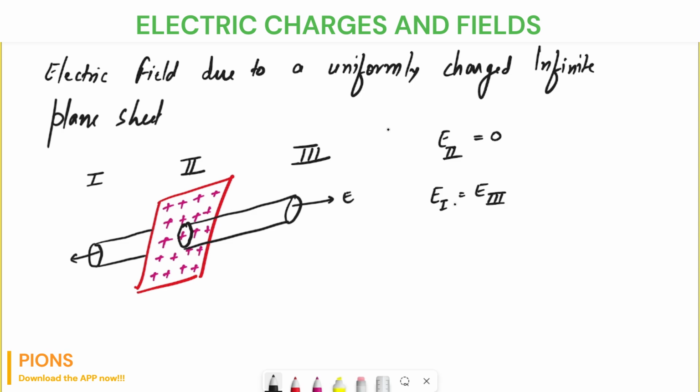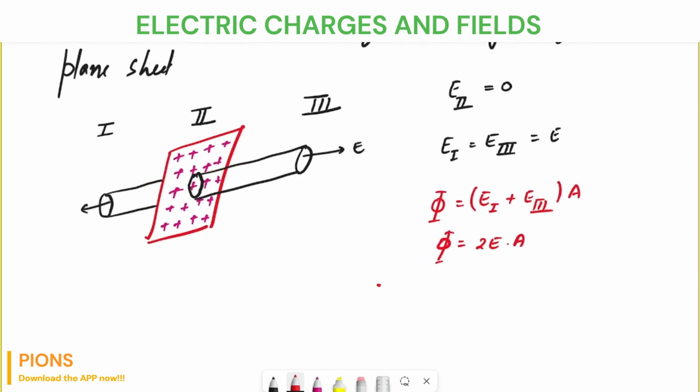So we can say that E1 equals E3 and that equals E. So from our basic idea of flux which we have discussed, our total flux phi will be equal to E1 plus E3, that is our net electric field, into the area of that part. And E1 plus E3 will give us E plus E, which is twice E into area, that is flux phi.